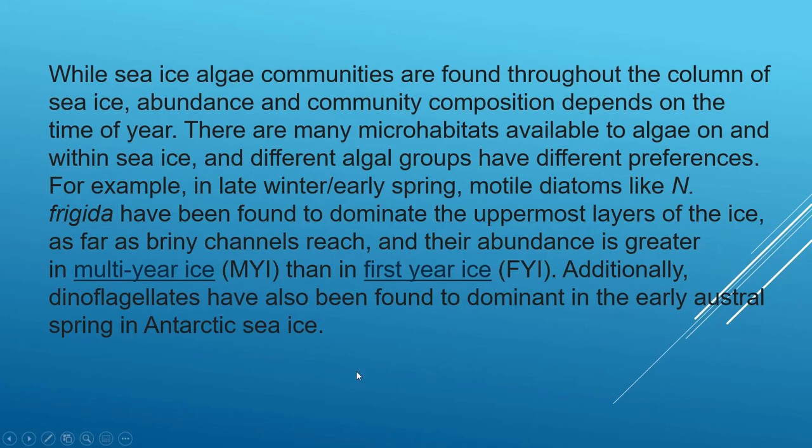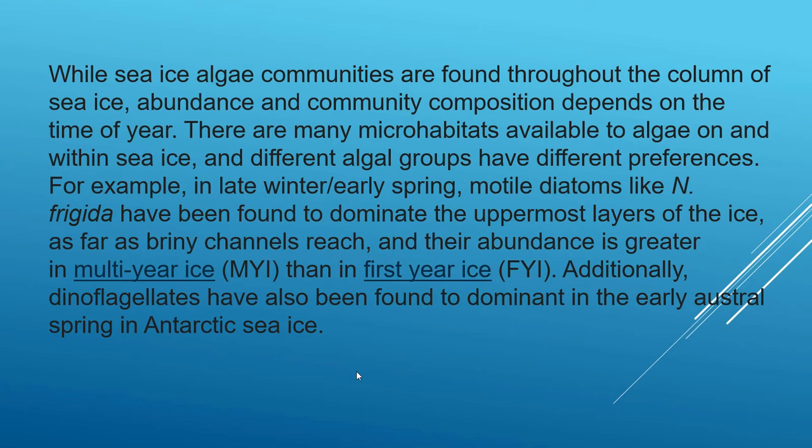While sea ice algal communities are found throughout the column of sea ice, abundance and community composition depend on the time of year. There are many microhabitats available to algae on and within the sea ice, and different algal groups have different preferences.